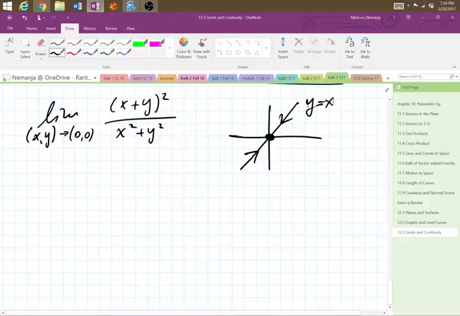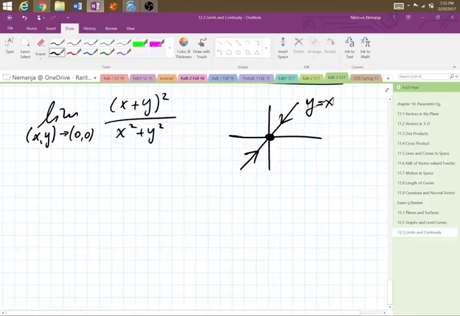And that's going to give me some kind of a limit. So now let's see what's happening here. My line is now y equals x. So I can plug that in and reduce the number of variables from 2 to 1, and the whole problem collapses to a calculus 1 problem.